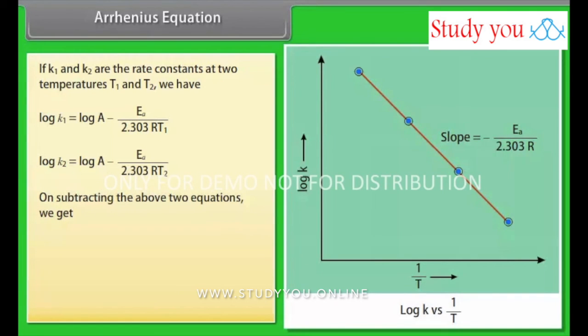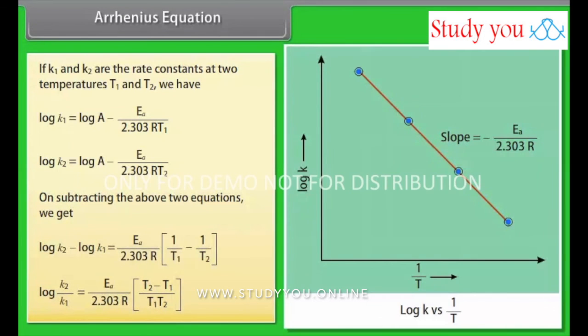On subtracting the above two equations, we get log(k2/k1) = Ea/(2.303 R) multiplied by (T2 - T1)/(T1 T2).